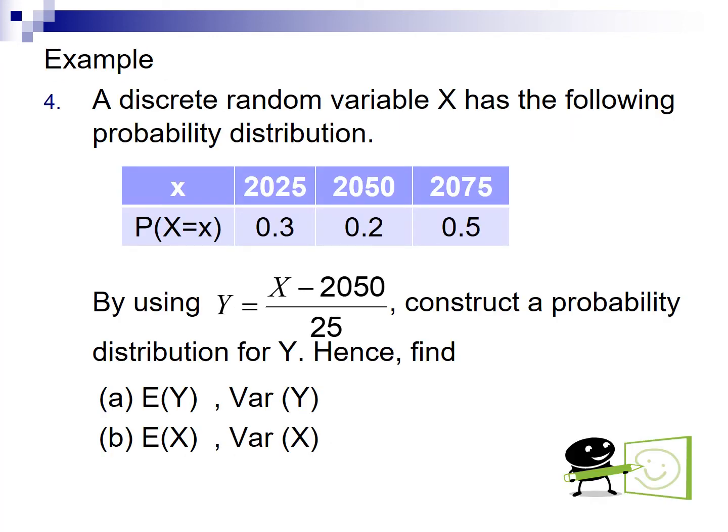Okay, now example 4. You have a discrete random variable X. Again, you look at the table, the probability distribution table. Notice that the values of X are very, very large. 2025, 2050, 2075. Okay.